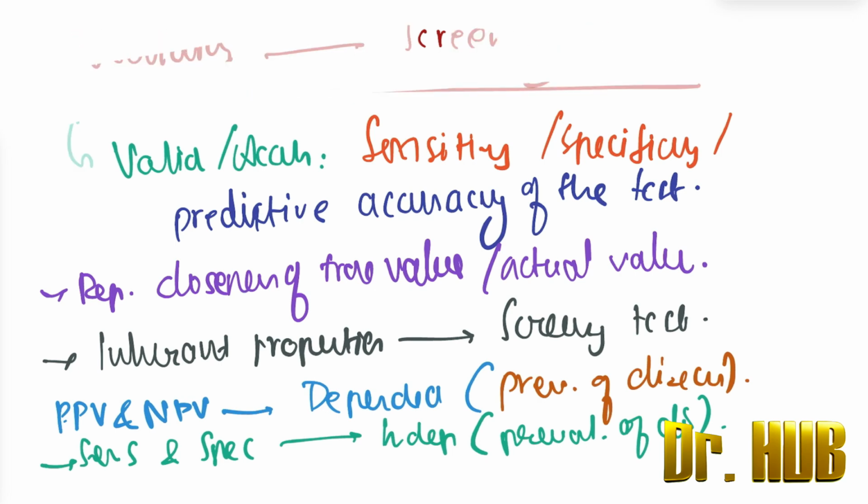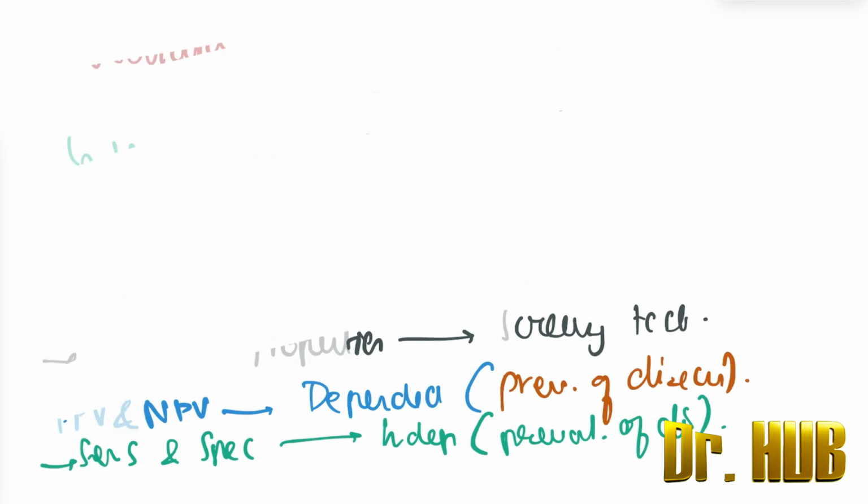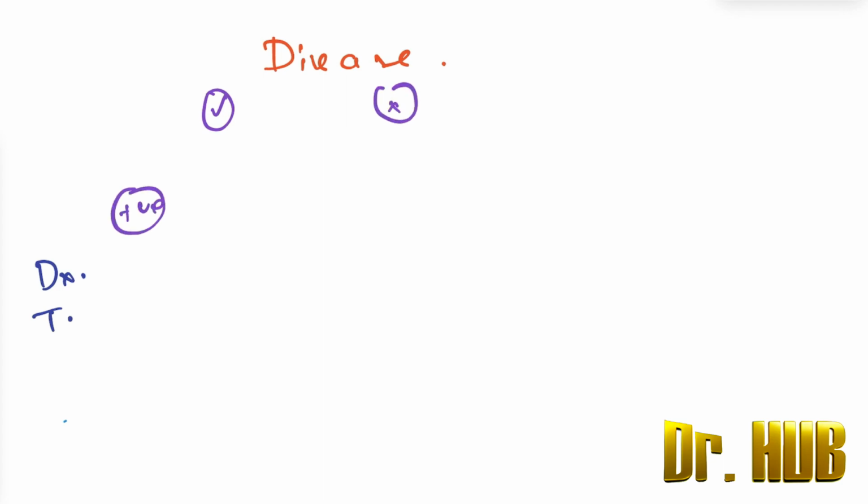Now let's draw a diagram so that we are able to understand what we are going to do further. In the diagram, we have the disease, and on the other hand we compare it to the diagnostic test. It's going to be present, absent, and positive, negative.